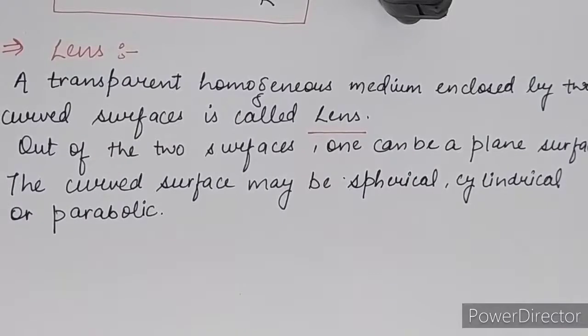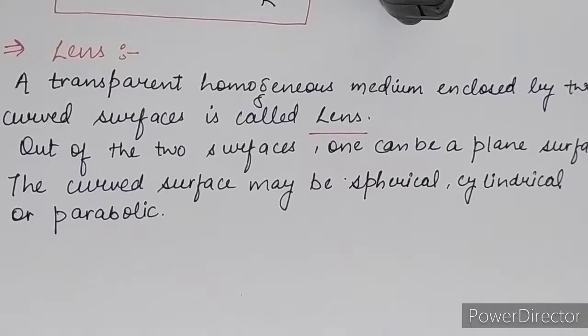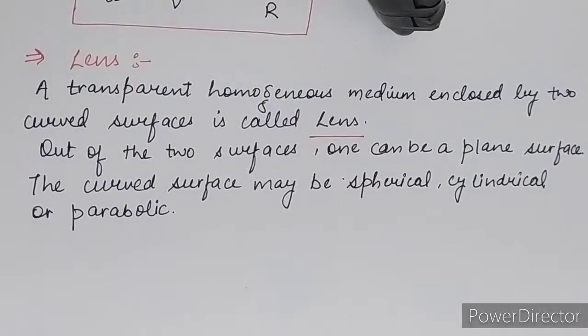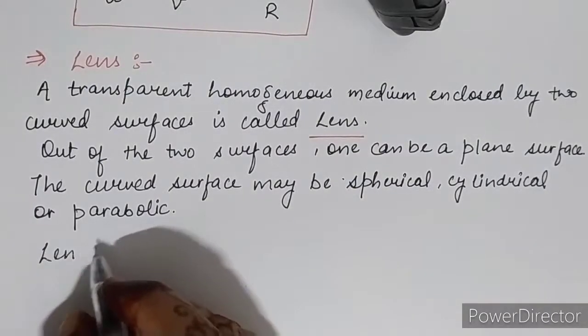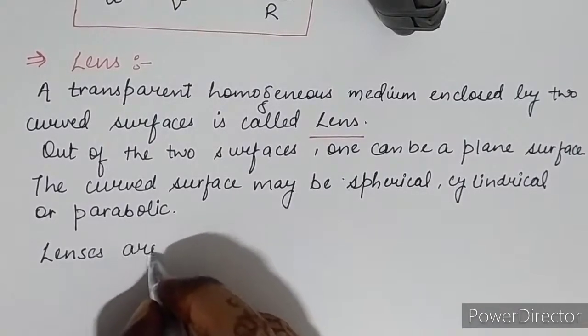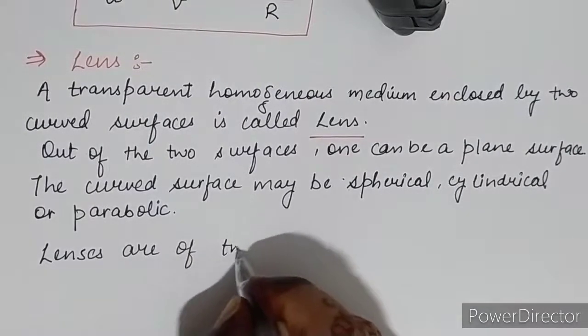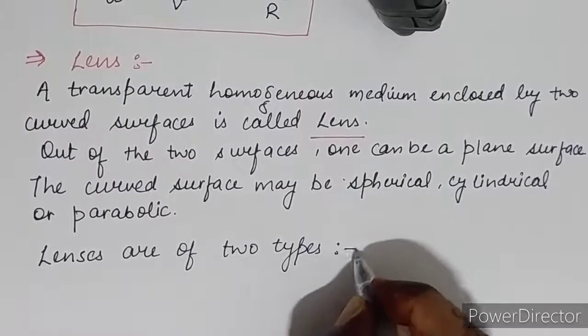It will be both spherical, cylindrical, or we can say parabolic. Now, as we have taken the two curved surfaces, our lenses are of two types.